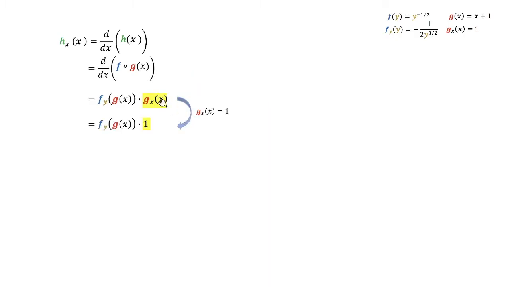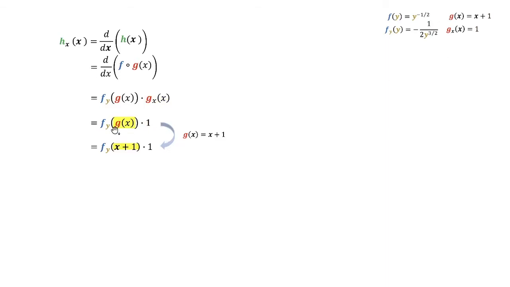Okay, let's see. I have g prime of x, the derivative, is 1. That's my data. G of x is x plus 1. And now I have f prime of y from over here, the derivative. So here's my derivative f prime of y. Again, y is a placeholder, it's a box, something needs to be placed into that.